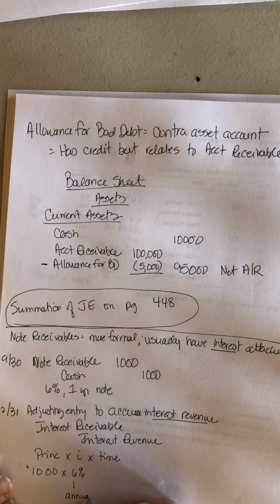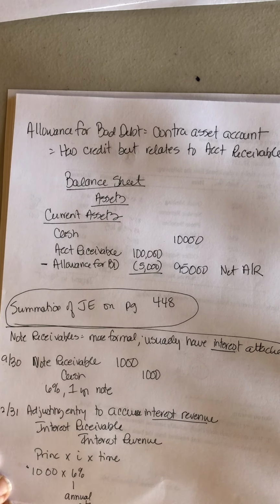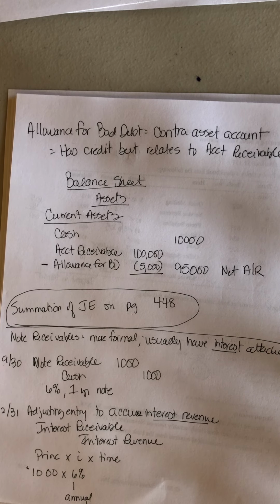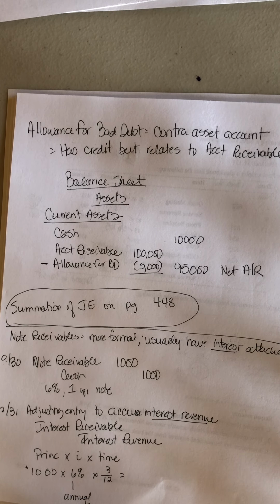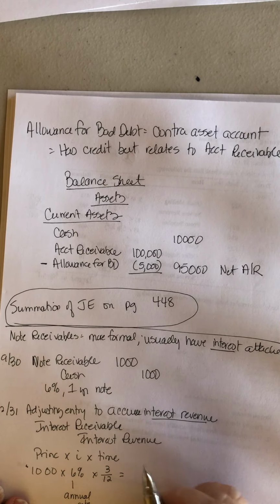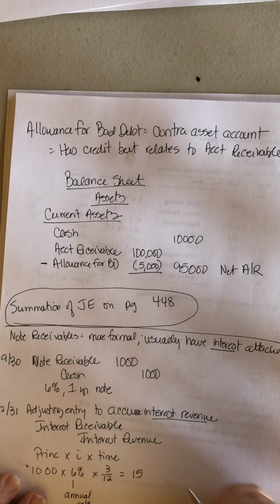This is an annual rate. For our note, she took it out at September 30th, so it's been October, November, December, which is 3 out of 12 months. So the interest that she owes me at December 31st is $15.